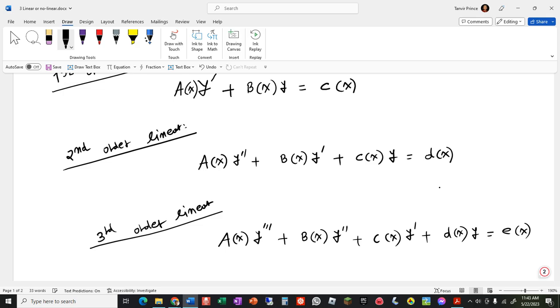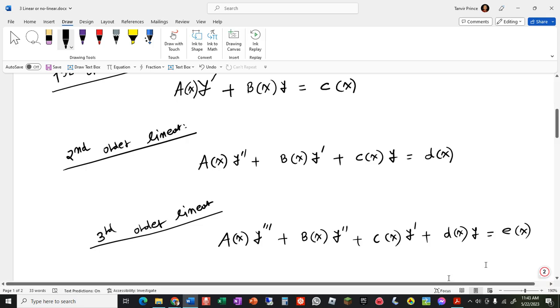I write those functions of x as a, b, c, d, e, whatever they may be. So that's the general format for a third order linear differential equation. Any differential equation that cannot be written in this format is not linear.